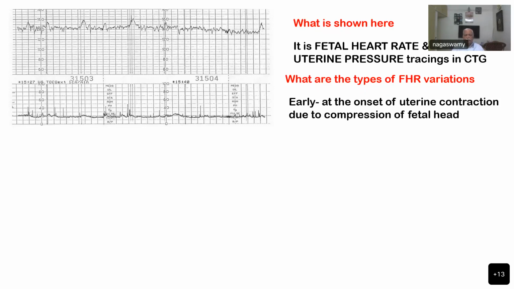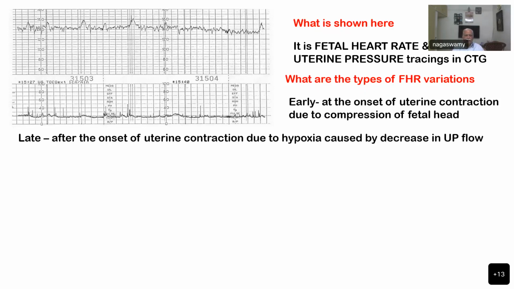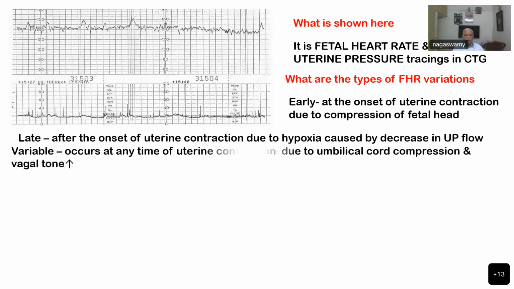Not acceleration, but deceleration. Then there will be late deceleration, after the onset of uterine contraction, due to hypoxia caused by decreased uteroplacental flow. As you know, whenever children become hypoxemic, they will have only bradycardia and not tachycardia like an adult. So early deceleration and late deceleration.